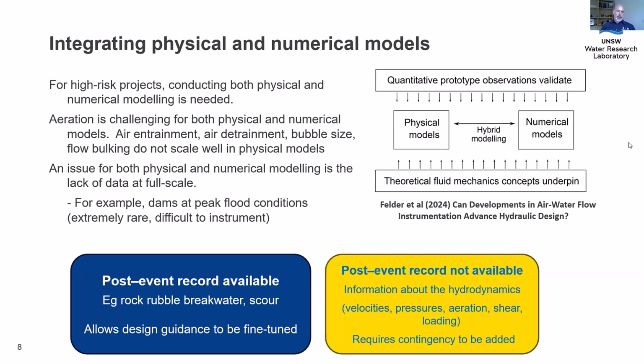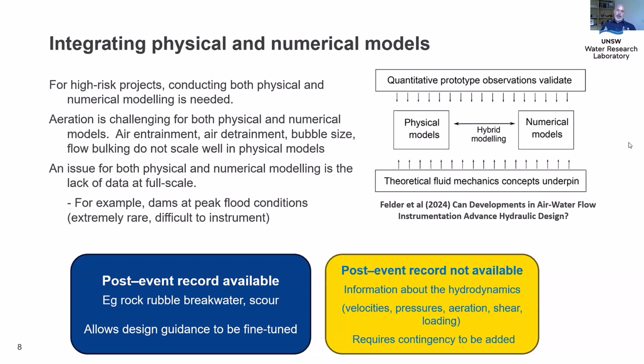And it is used quite a lot in areas like dam design. This allows us to compare the physical and the numerical model. We get benefit from both of those. A key challenge for us, particularly with things like aeration, and there are other processes as well that are hard to achieve, is that they're really challenging for physical modeling and for numerical modeling.